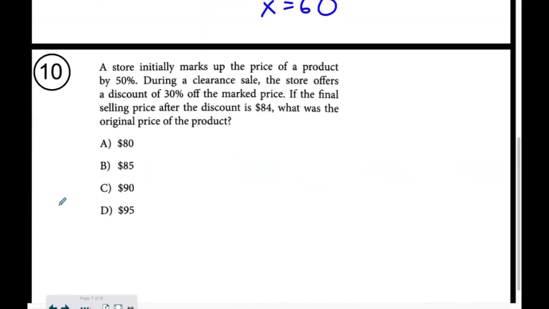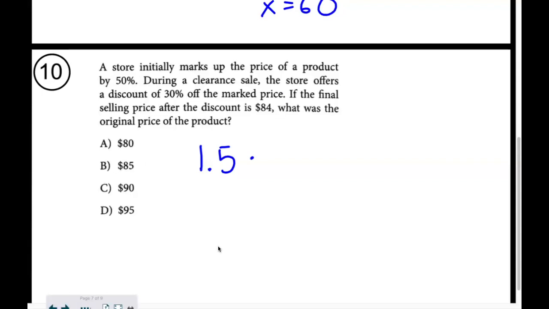All right, on to number 10. So a store initially marks up a price of a product by 50%. Well, what that means is it's been increased by 50%, so that's multiplying by 1.5. During a clearance sale, the store offers a discount of 30% off the marked price.